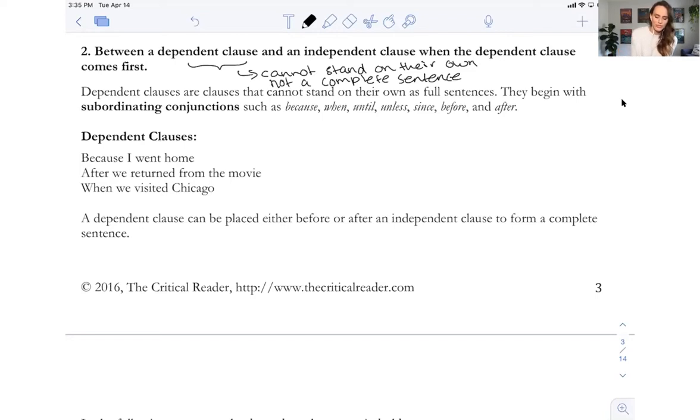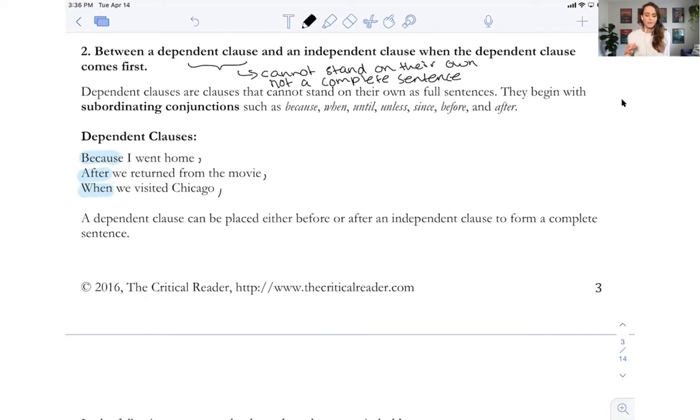And you can see here that a lot of these start with a word that makes you think more information is going to be offered, and in this case, they just abruptly end. So we're going to have a comma after each of these and then more information that follows. So, because I went home, after we returned from the movie, when we visited Chicago.